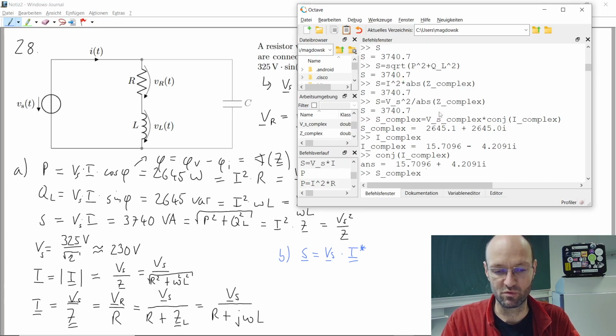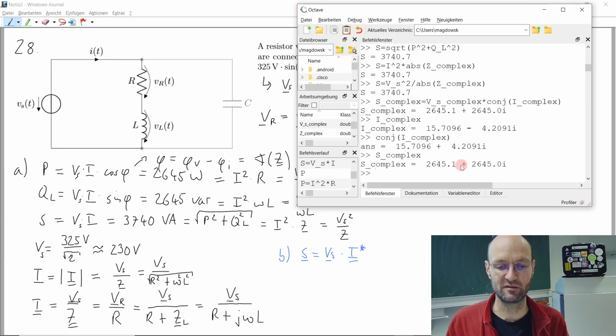I will output it once again. This is the complex power. If we calculate the real part from this complex power, then the real part will be this number. What is the real part of this complex power?